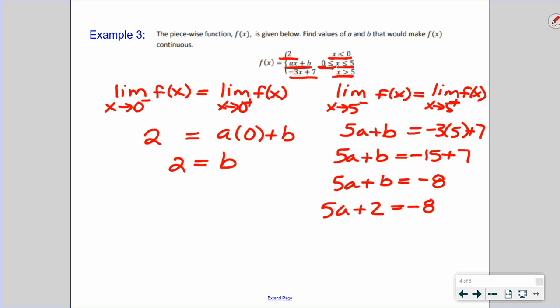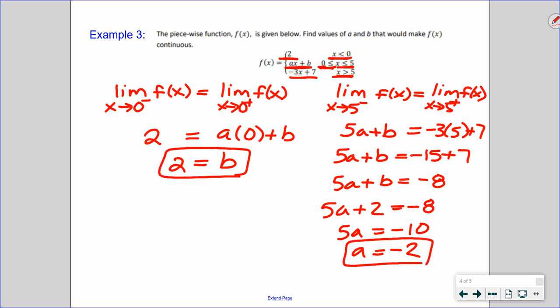So I'm going to subtract 2 from the negative 8 to get negative 10, and then I'm going to divide by 5 and get a equals negative 2. So we have a equals negative 2 and b equals 2. We solve for a and b. And so these are the values for a and b that would ensure that f of x is continuous.